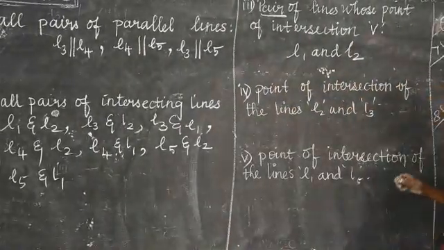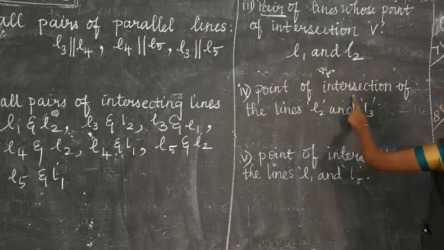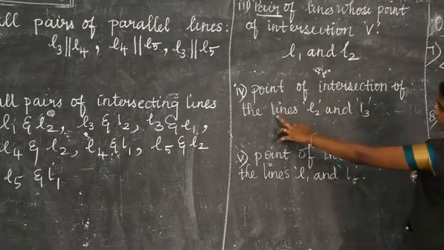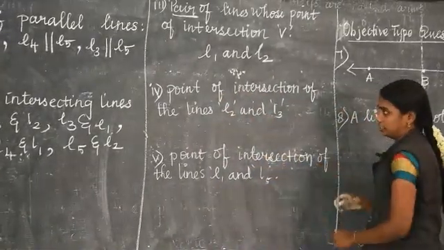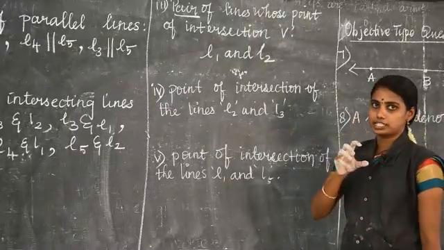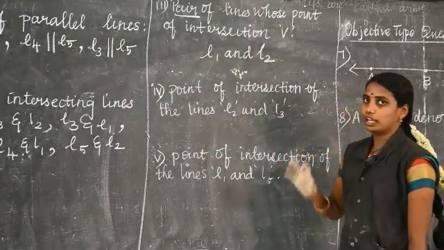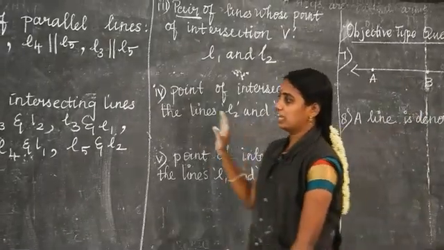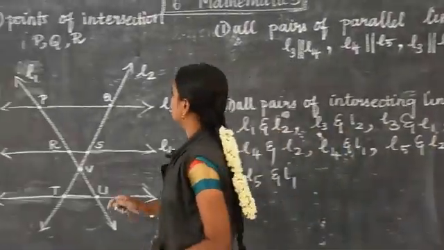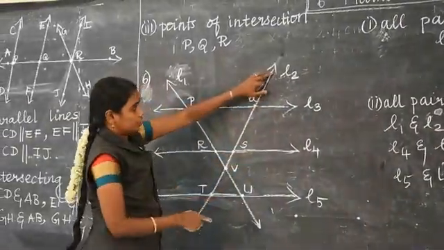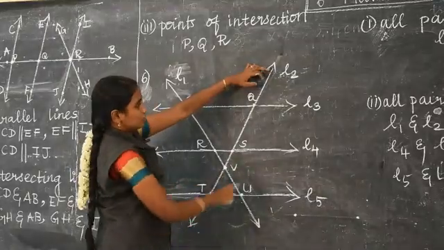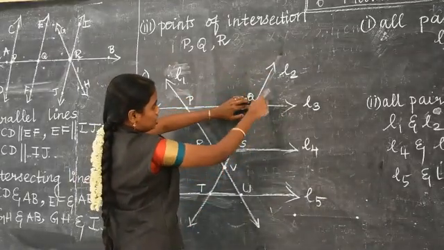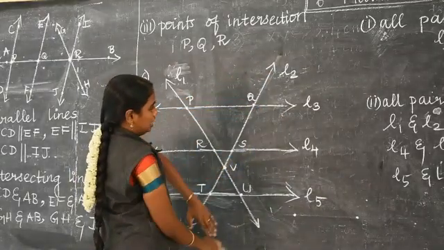Next question, point of intersection of the lines L2 and L3. Which point is intersecting the lines L2, L3, we are going to find out. This is your L2, this is your L3. These two lines only we have to see, don't see the other lines.